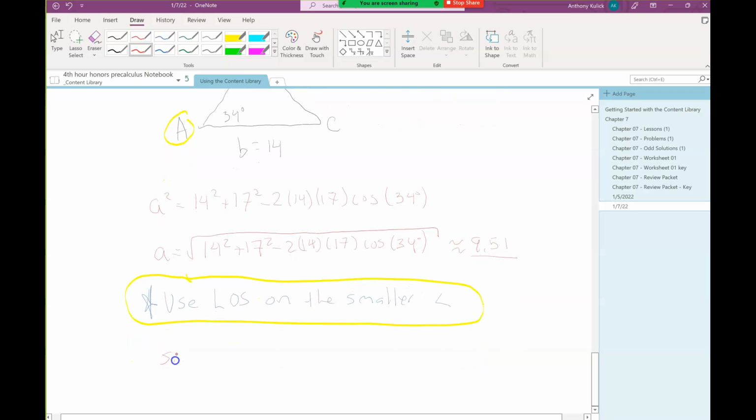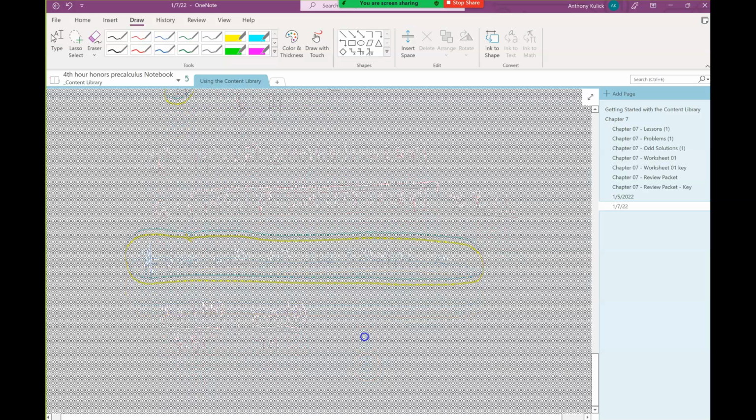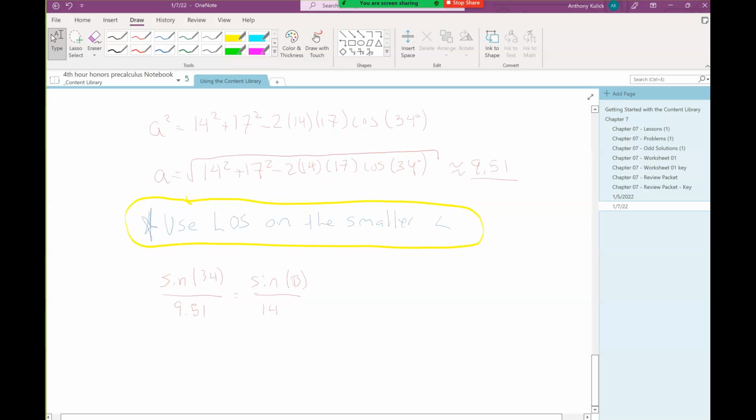Okay. So sine of A over A equals sine of B over B. And we cross multiply.